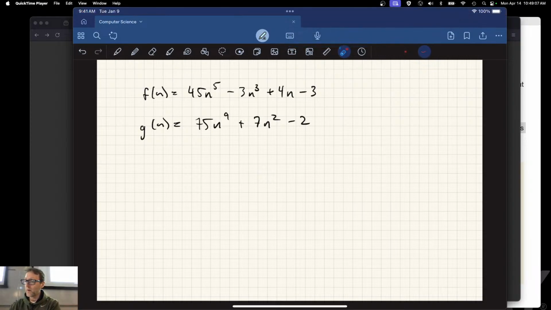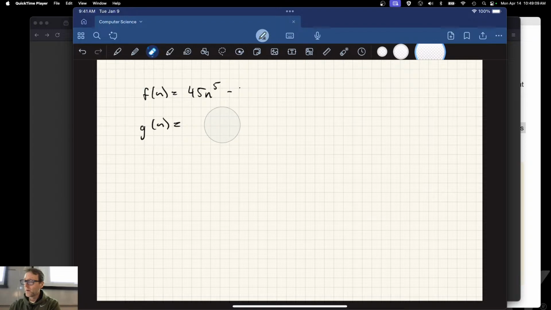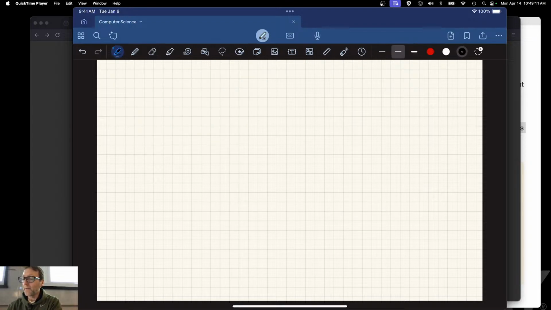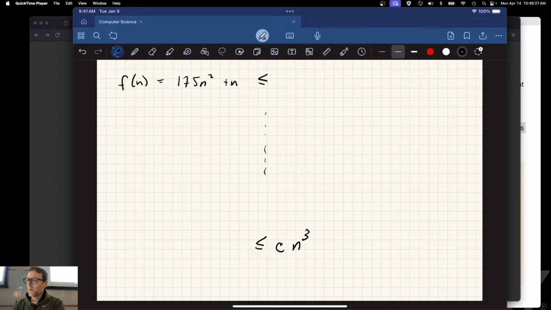Let me show you how to actually do it. What I'm going to do is set up my f of n to be 175 n squared plus n. We want to show that this is less than or equal to, in a series of inequalities here, c n cubed, for all n greater than or equal to 0, there's my n naught.